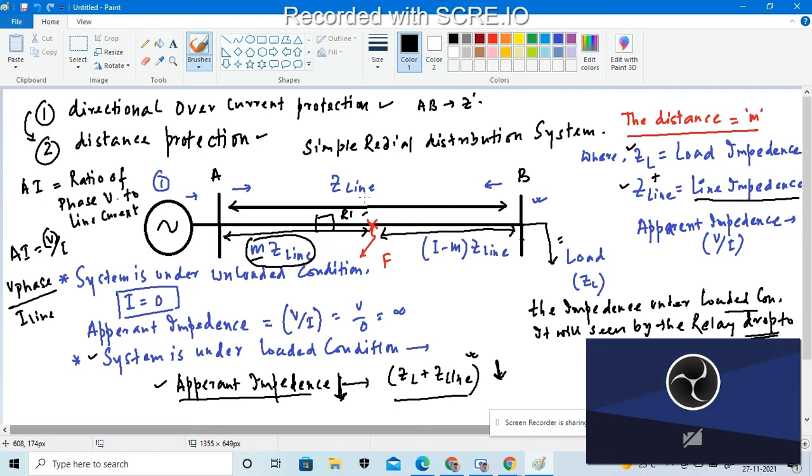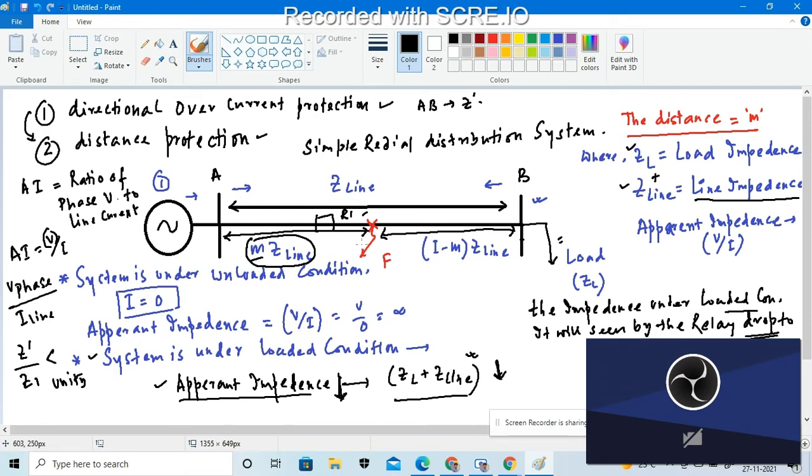If the fraction Z dash divided by Z1 is less than unity, then it indicates that a fault has appeared.